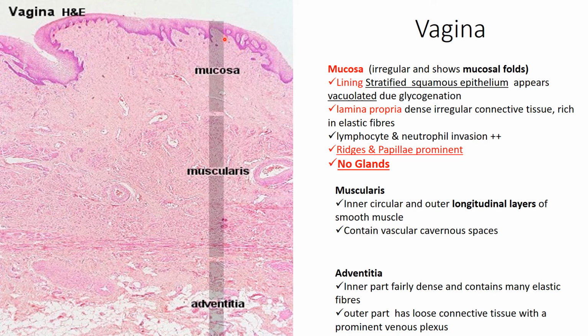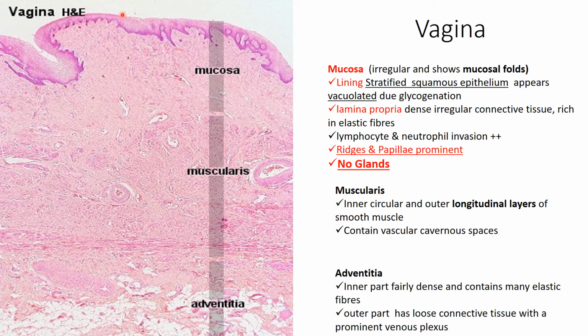There is no invagination of the lining epithelium and no gland formation here. So this portion is moistened by the secretion produced by the cervical glands, the cervical mucous portion.